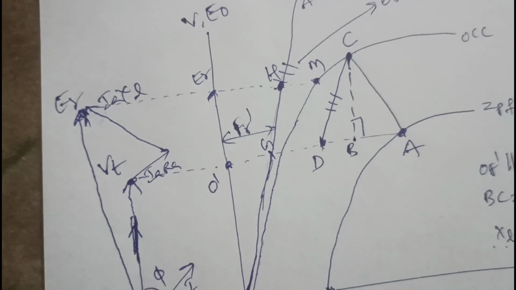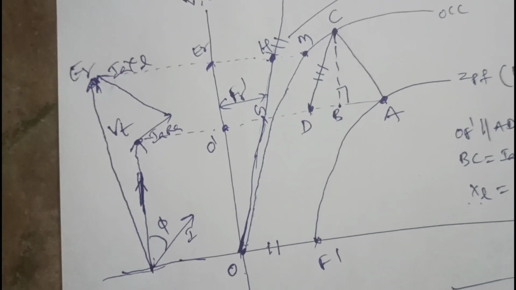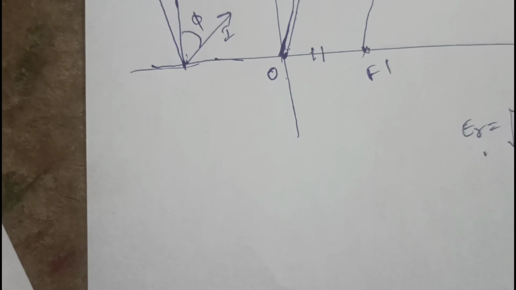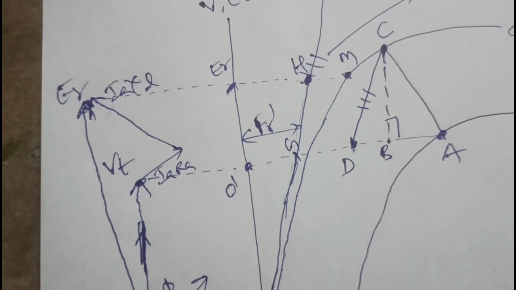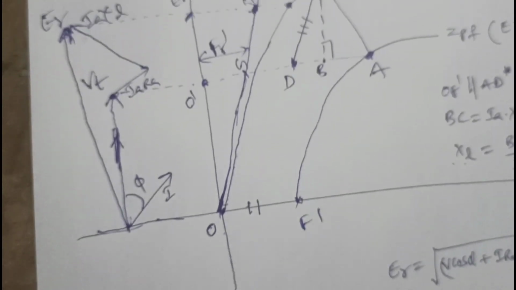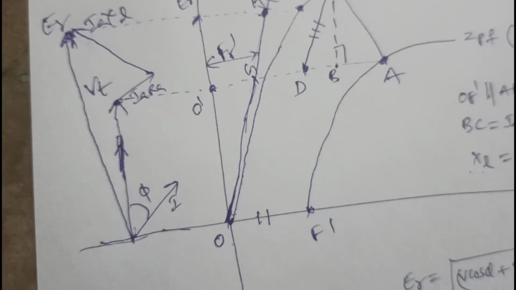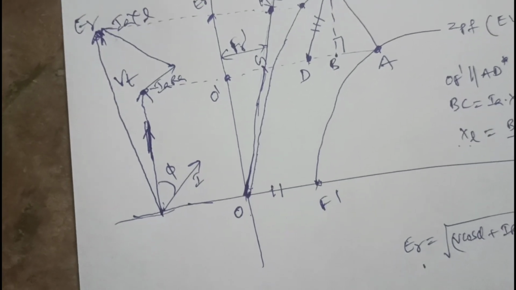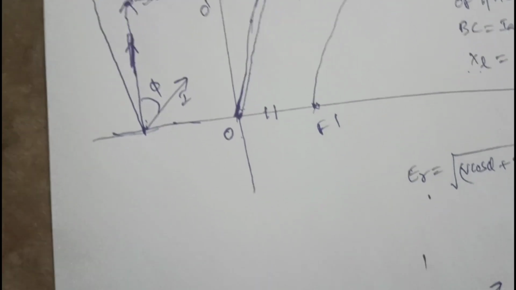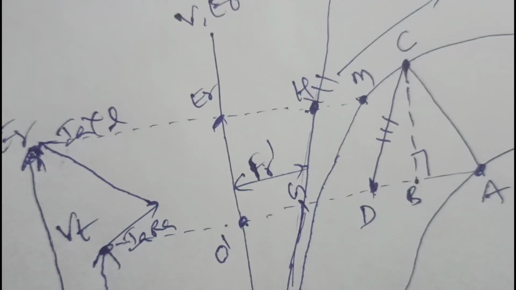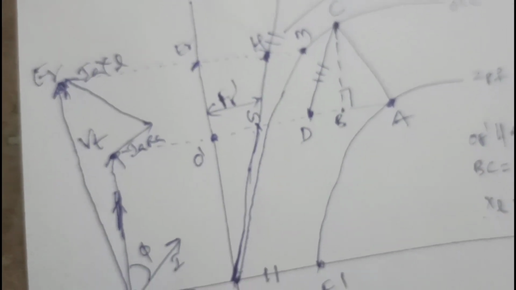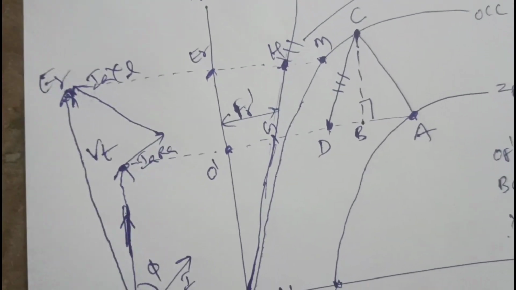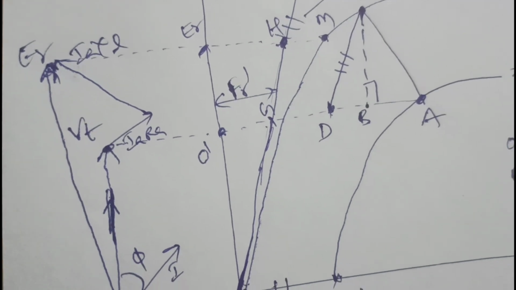First we draw O dash G, which indicates FR dash, next to some reference E. Next we draw HG.